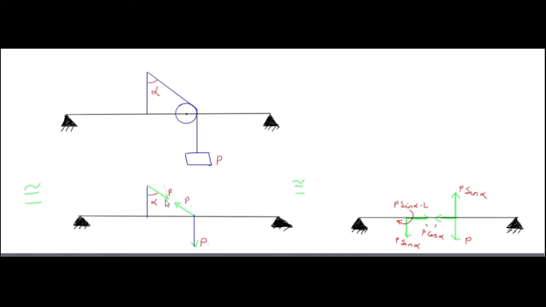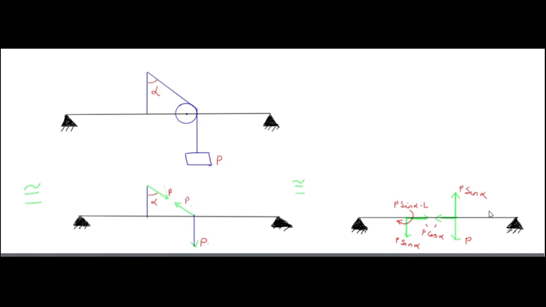So this has been divided into its components: P sin alpha acting horizontally, and downwards it will be P cos alpha. Similarly for the other side, upward will be P sin alpha and horizontally it will be P cos alpha. So both P cos alpha will be nullified, and P sin alpha will also be nullified.